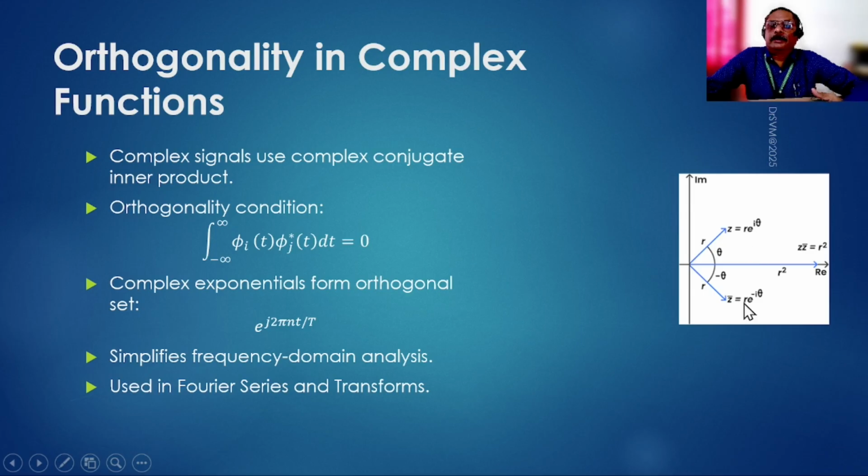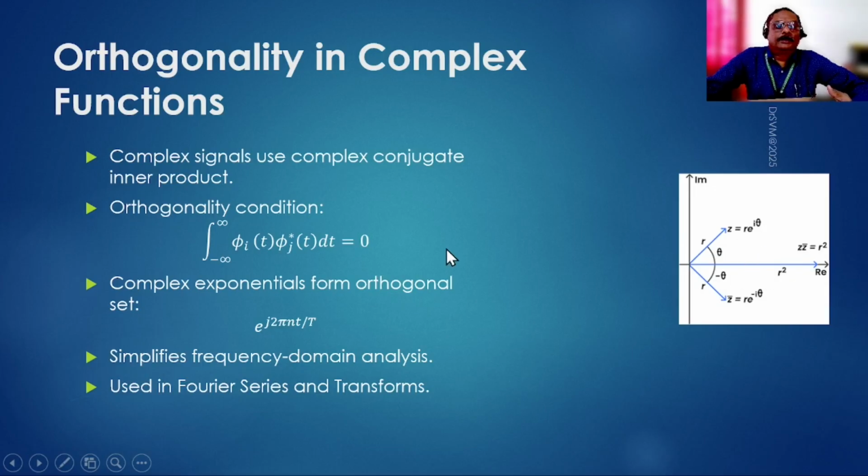Its complex conjugate, z bar, is r e to the power minus i theta. This was e to the power i theta, this is e to the power minus i theta. That is a mirror image of the vector along the real axis or the x-axis. So here, if we find the inner product of these two, then what we get is a real quantity, that is r square.